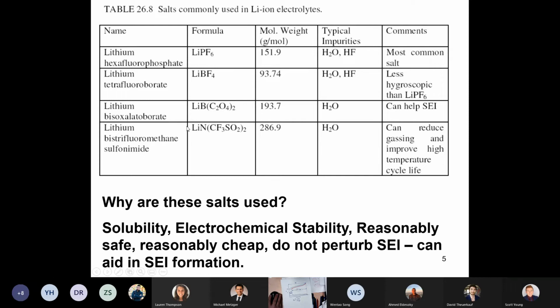Again, this is used as an additive in certain cells. The reasons they're used are solubility, stability, reasonably safe, reasonably cheap, they don't perturb the SEI, and they can aid in SEI formation. But really the main salt is lithium PF6.